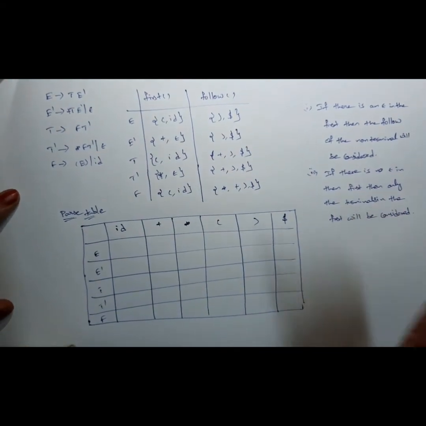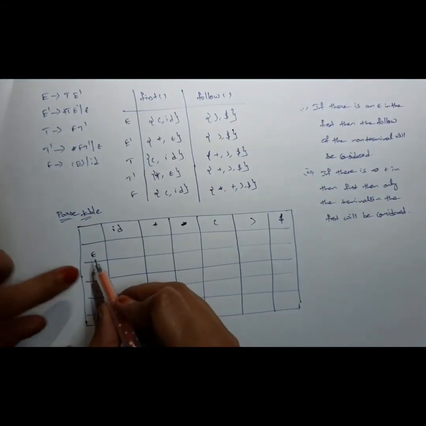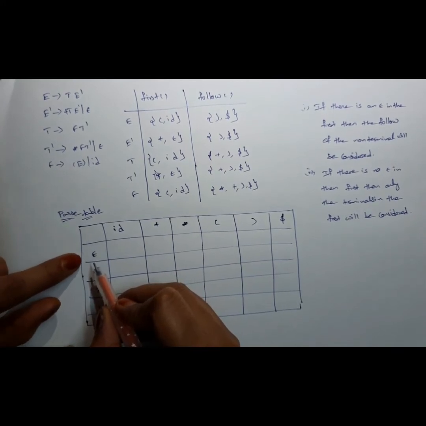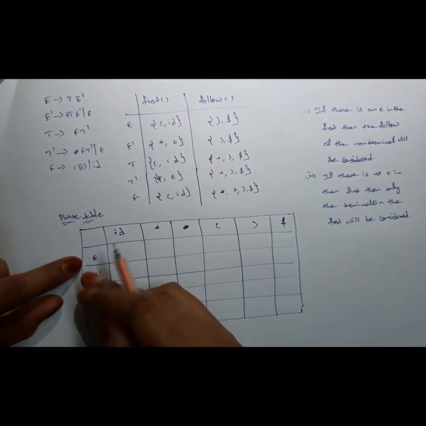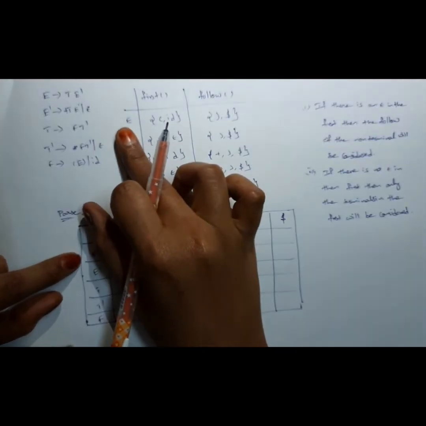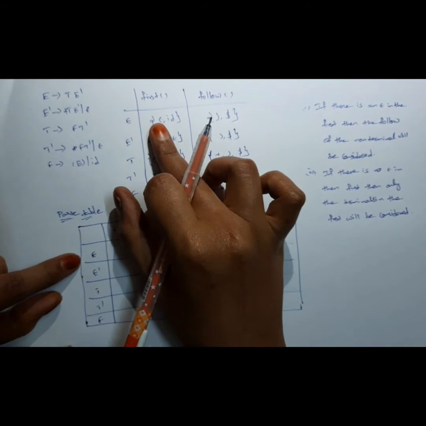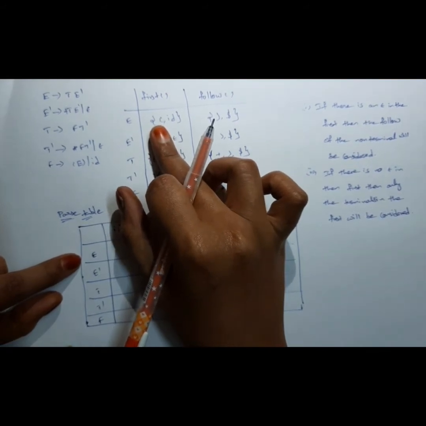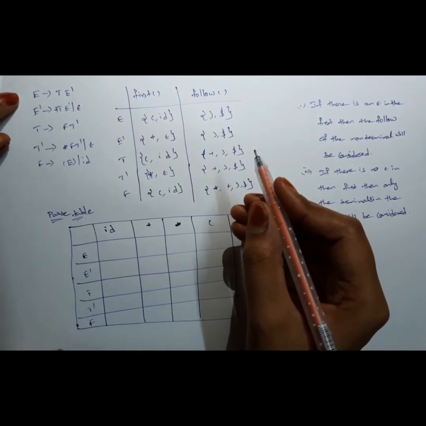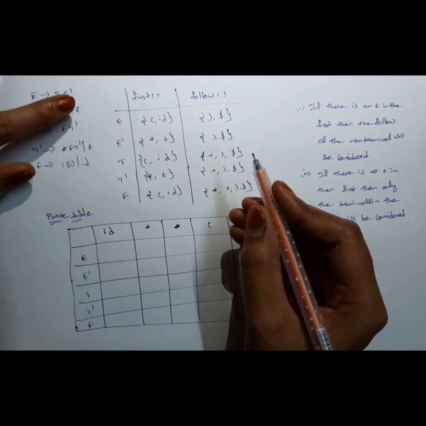See, I need to fill the parse table for the non-terminal E. In this case, first I am considering the first of E. In the first of E, we have an open brace and an ID. So we'll come to the grammar. Here E derives T E dash.